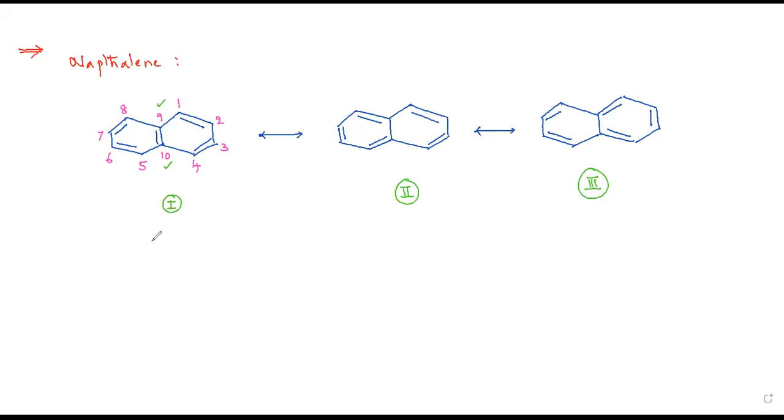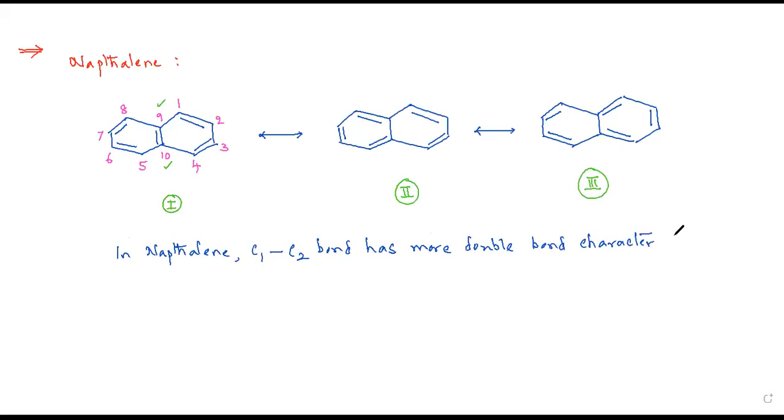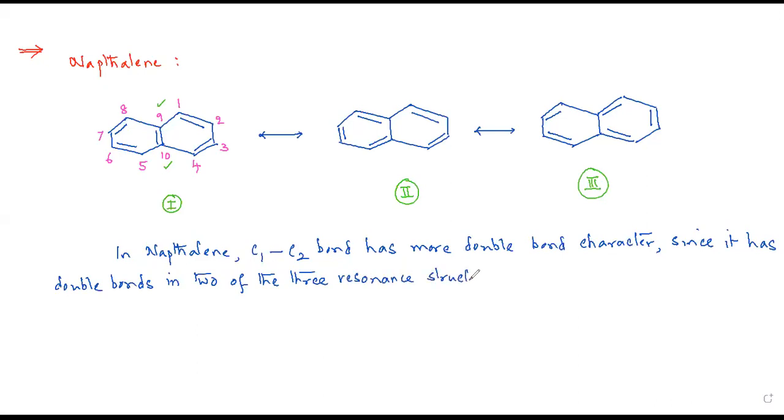Now, coming to the bond length, naphthalene C1, C2 bond has more double bond character since it has double bonds in two of the three resonance structures.